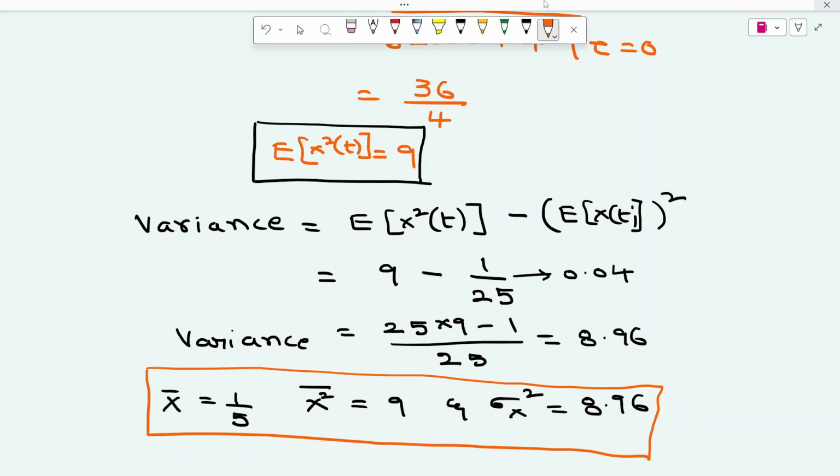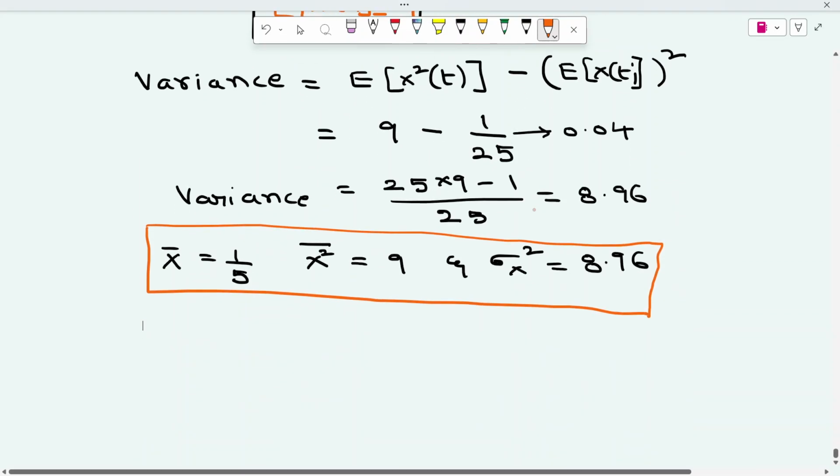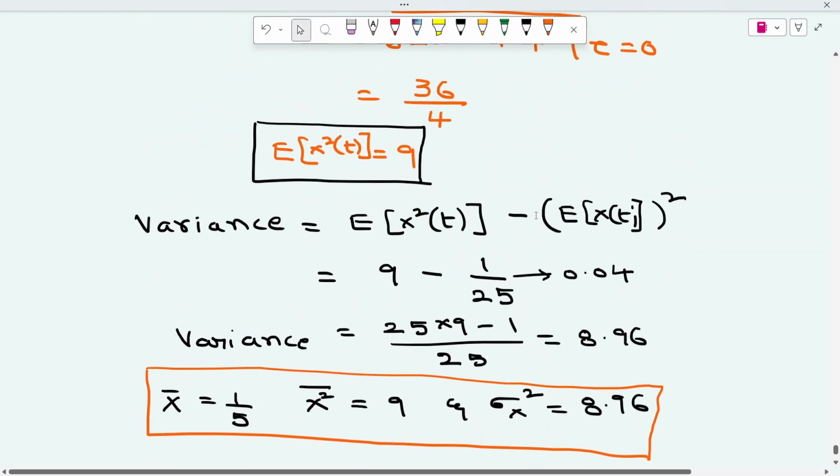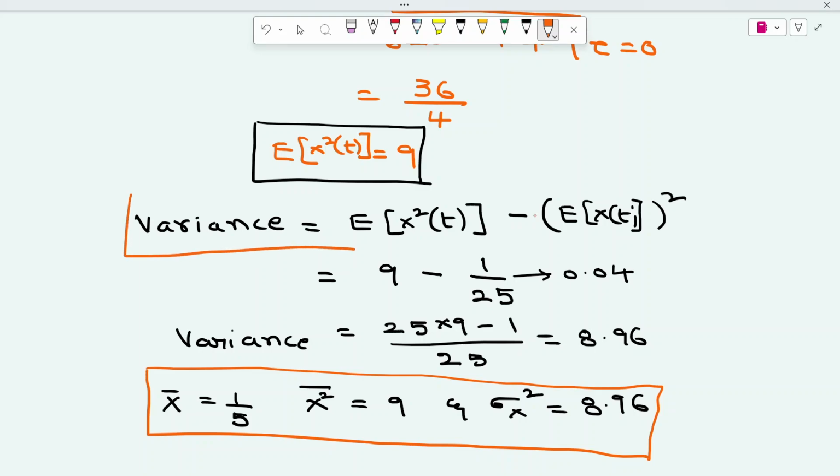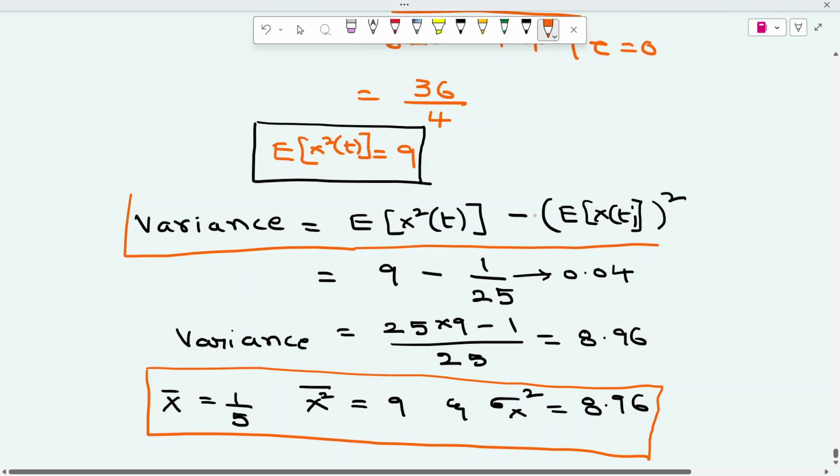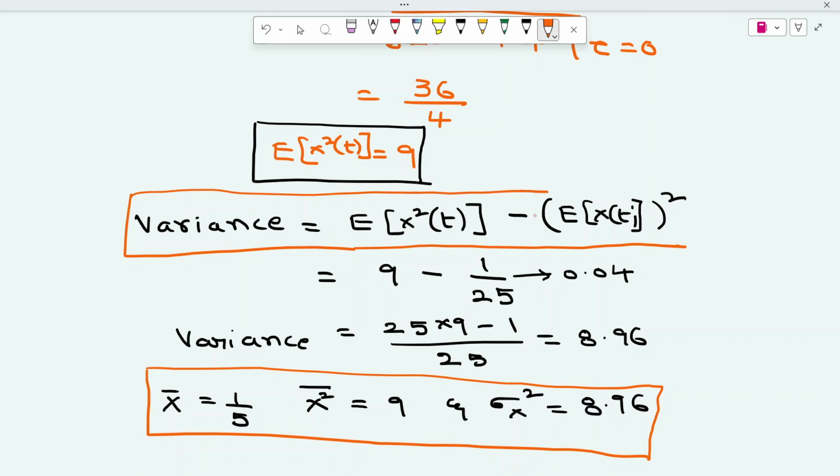For this, we should know these three formulas. One is the variance: if you know the mean value and the mean square value, we can find the variance simply by subtracting the square of the mean value from the mean square value.